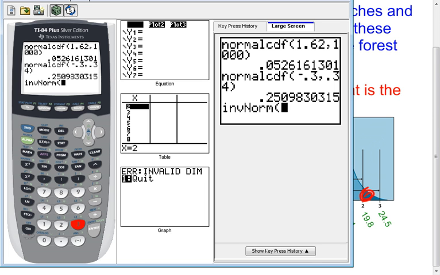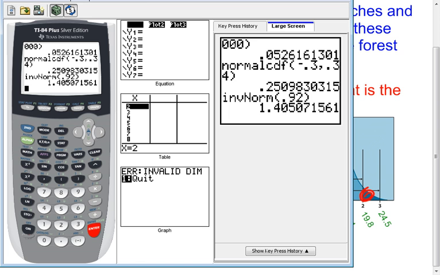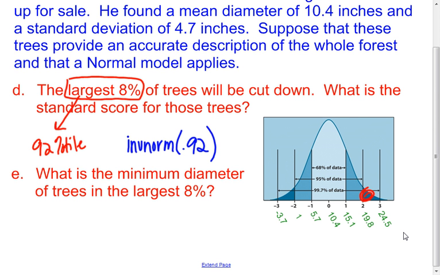I will put the percentile in. Again, inverse norm is what you use when you know the percentile score. You have to know the percentile first. Okay, hit enter. And then I get 1.41 about. Okay, so I get 1.41. What that means is this is a z-score, so it tells me that the largest 8% of trees are about 1.41 standard deviations above the mean.